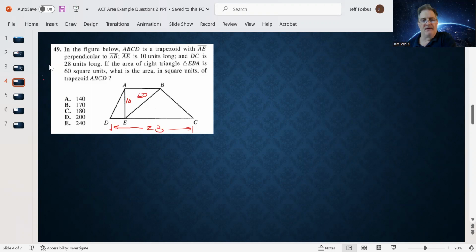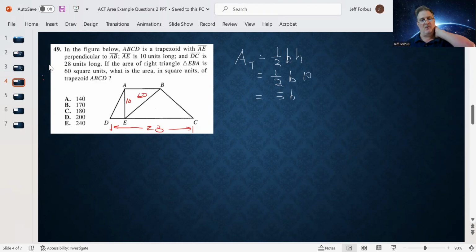So we know the area of the triangle, I'm going to put T for triangle, is equal to 1/2 base times height. So we know 1/2. We don't know the base, that would be AB, but we know the height is 10. So then 10 times 1/2 is 5, and that leaves B. So 5B.